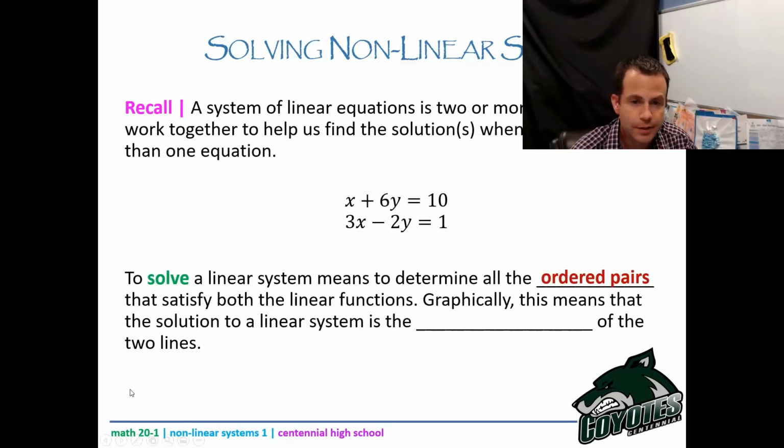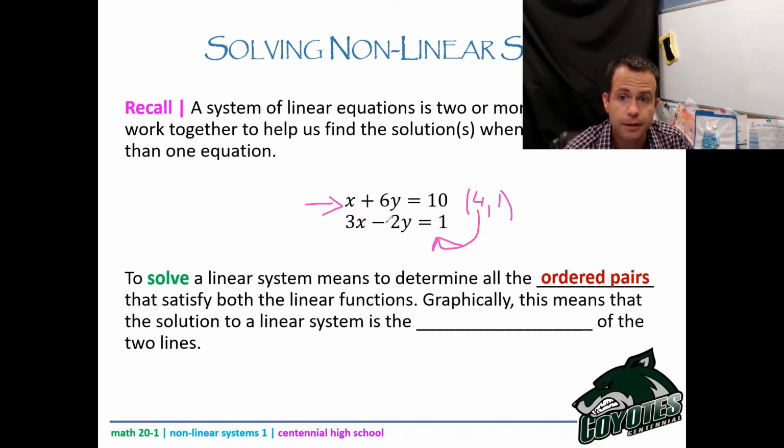Now, just as a little reminder, this word satisfy in math means it works, okay? So we could say that the point (4, 1) satisfies this equation right here, because if I plug in 4 for x and 1 for y, I get 4 plus 6 equals 10. That point works in that equation. Now, does it satisfy this equation?